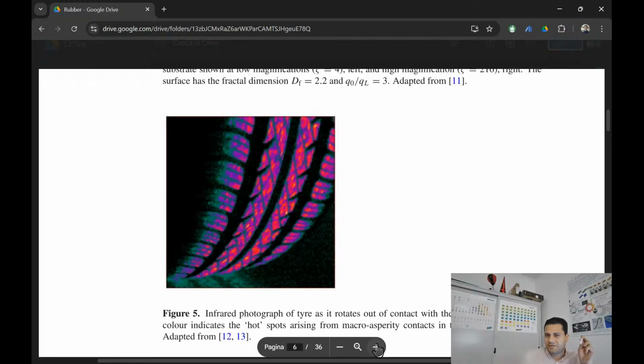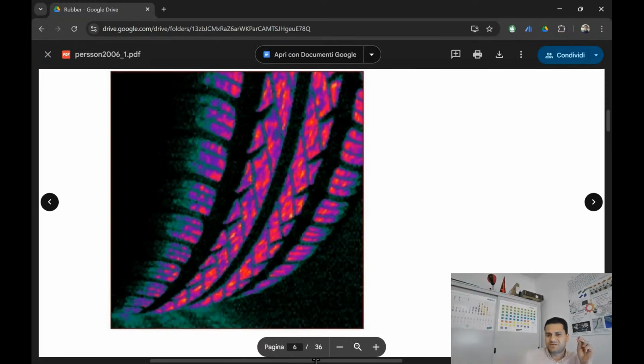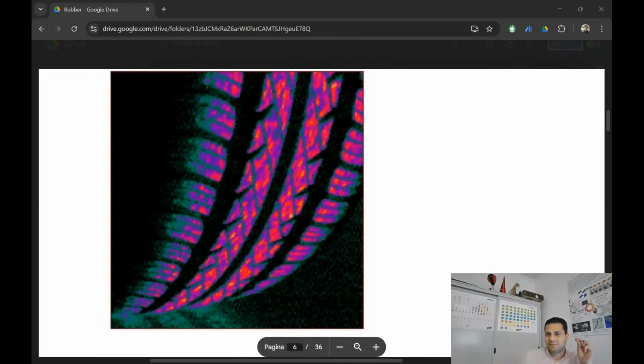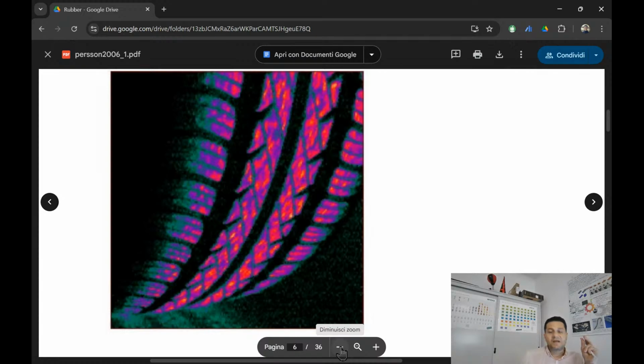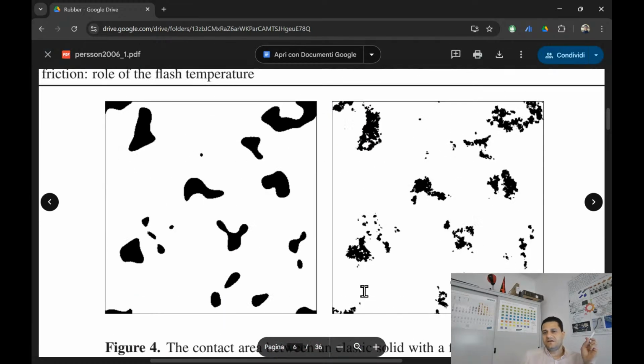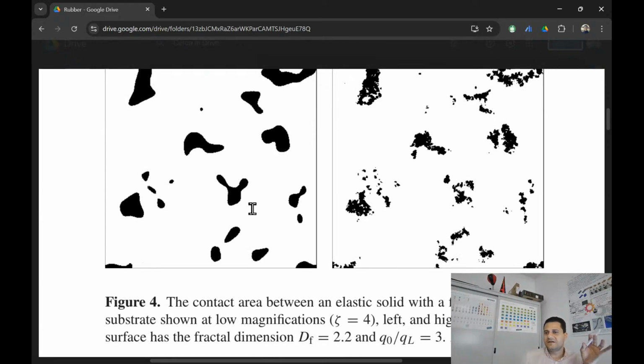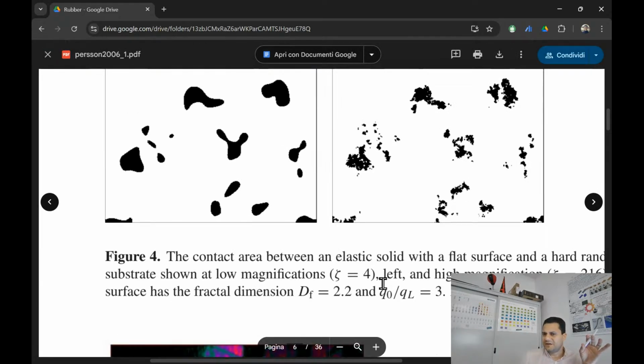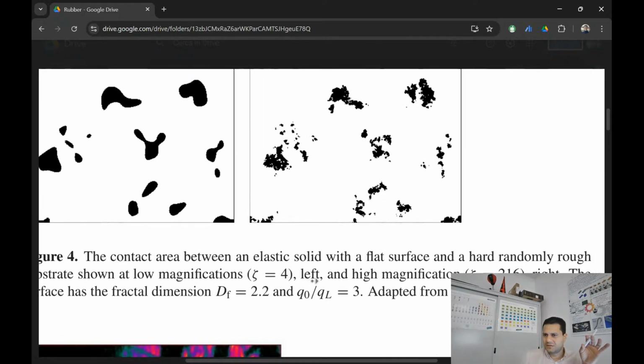I will increase the zoom. You can see this from here. You can easily observe this. And this is the very important point here. Here is the effect of magnification when observing the contact area. So we have a magnification, let me check.